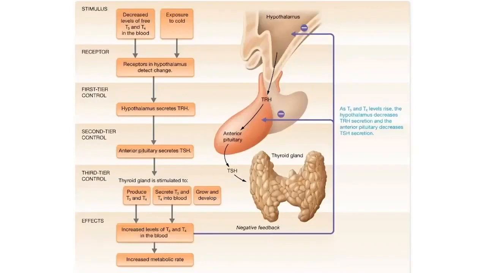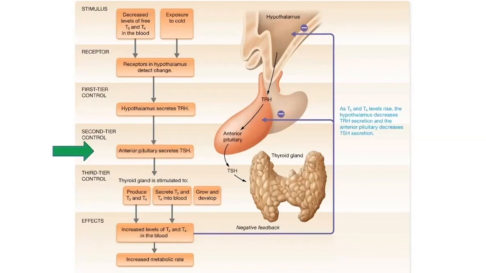Levels of T3 and T4 in the blood are maintained through negative feedback mechanisms. When the levels decrease in the blood, or when an individual is exposed to cold, receptors in the hypothalamus pick up these changes. In response to these stimuli, the hypothalamus secretes thyrotropin-releasing hormone, or TRH.